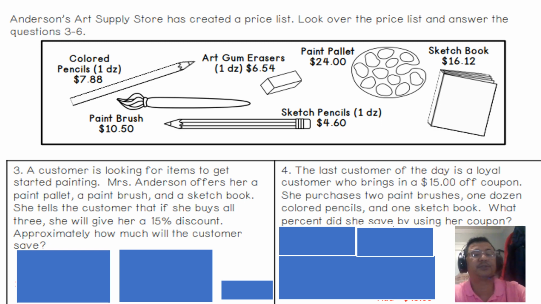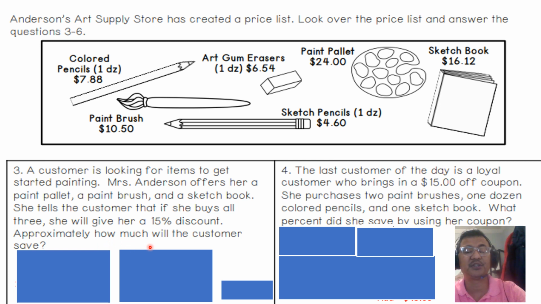Okay, so this is Anderson's Art Supply Store, and this is the price list. All the items are here. Let's start with problem 3. A customer is looking for items to get started painting. Mrs. Anderson offers her a paint palette, a paintbrush, and a sketchbook. She tells the customer that if she buys all three, she will give her a 15% discount. Good. She's going to save money.